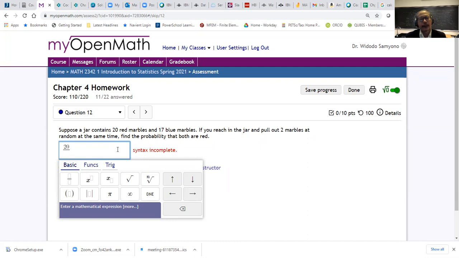You add 20 and 17, you get 37. And then the probability for the next red marble: now you already picked one, so the number of red marbles is 19. And the total also changed. The total was 37 before, now you took one, so the total will be 36. Okay, so this will be the answer.